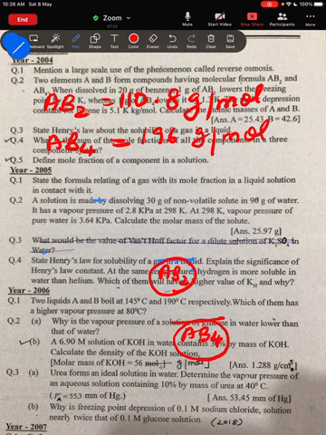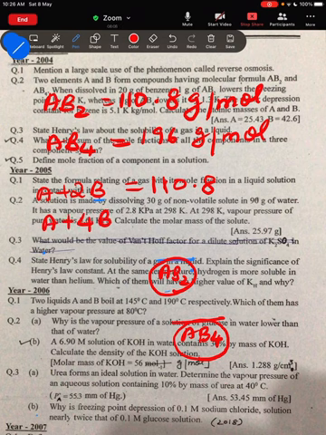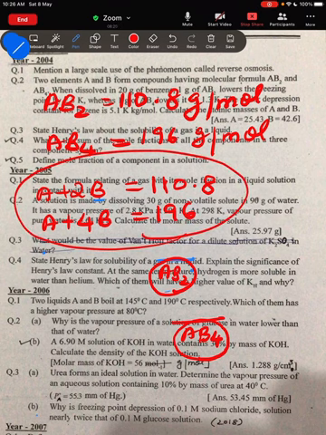What is AB2? That is A plus 2B, equal to 110.8. And AB4, that is A plus 4B, equal to 196. So you can solve these two equations.